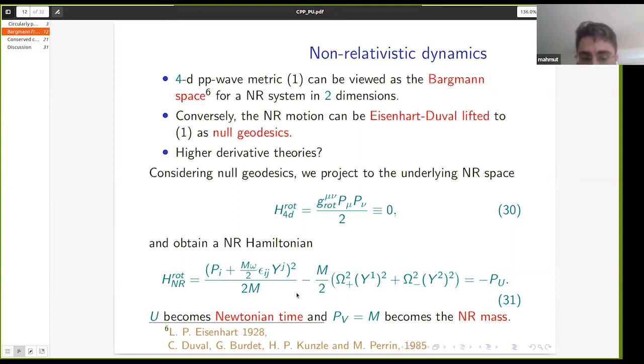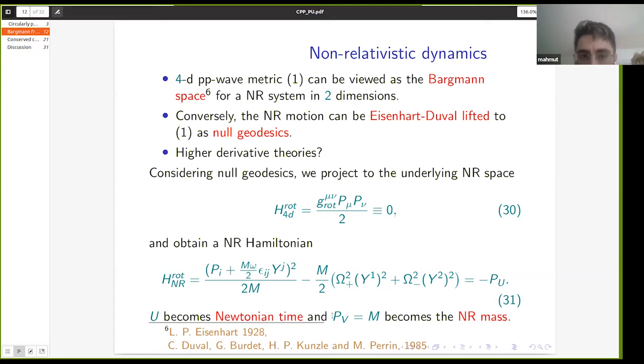And the important thing is that the u, which was a coordinate for the four-dimensional space-time, becomes the Newtonian time for this non-relativistic system. So u should be interpreted as the Newtonian time, the absolute time. And pv, which was a constant for the geodesic motion in four dimensions, becomes the non-relativistic mass in the lower dimensions.